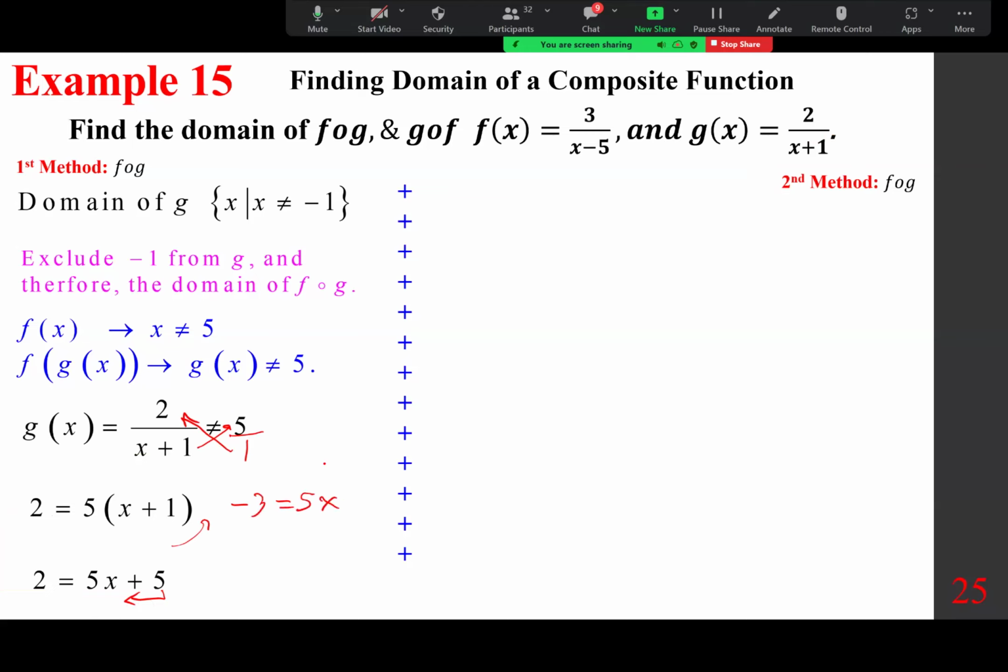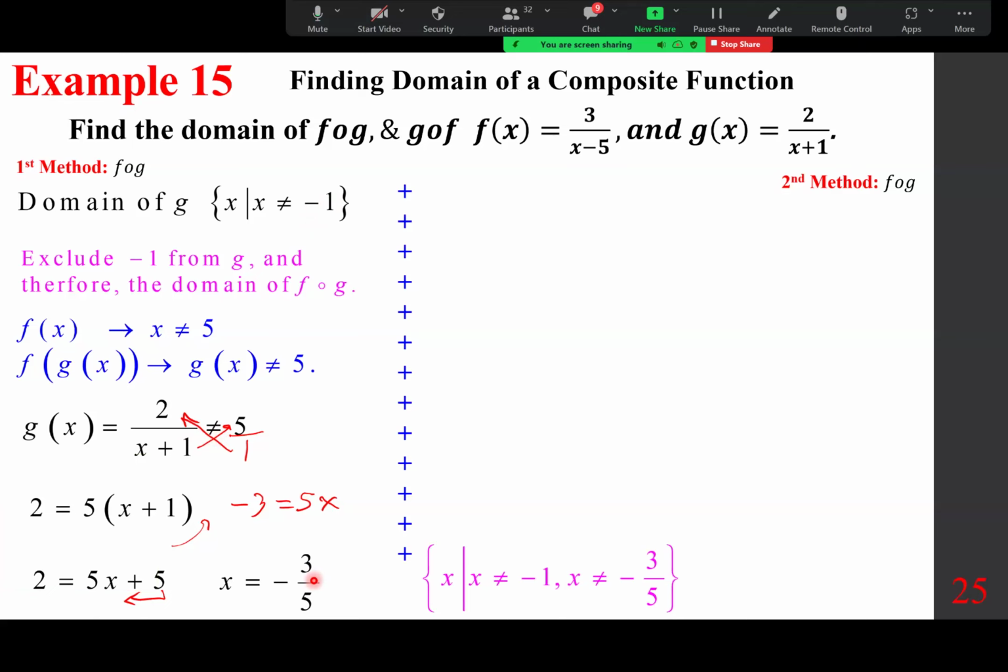So x equals negative 3 over 5, and it's not equal to that, remember. It can't be equal to that. Therefore, we have to exclude negative 1. We have to exclude negative 3 over 5. So the domain, x can't be negative 1 from here. x can't be negative 3/5 from here. And you can write it in interval format, but this is an easy way of excluding that. And that's absolutely fine.